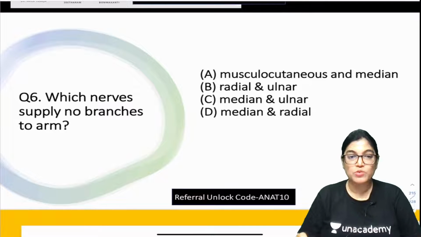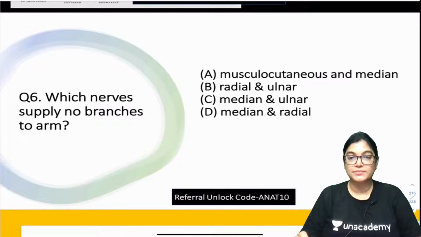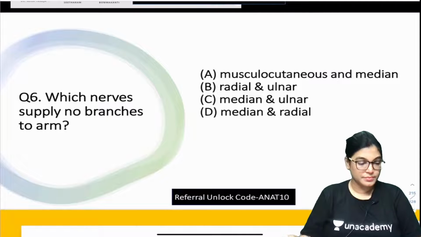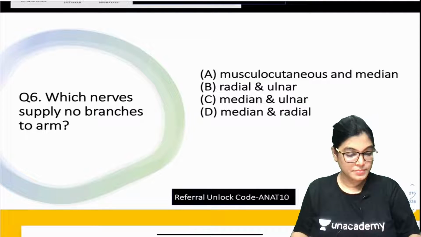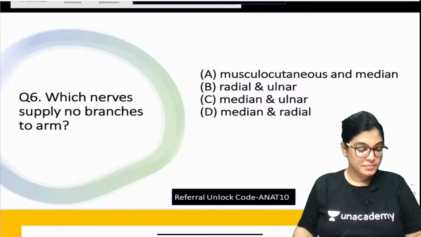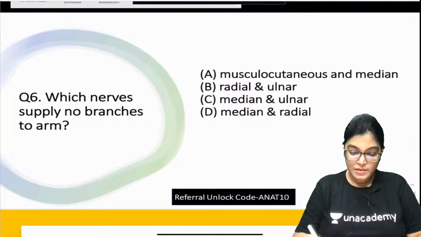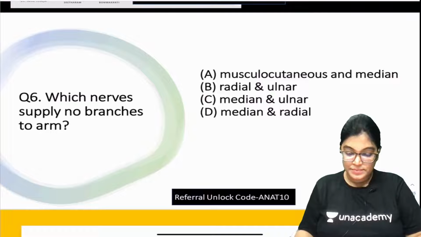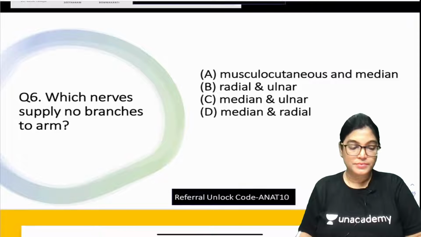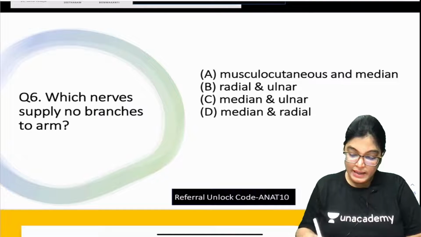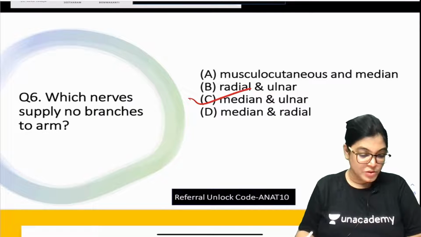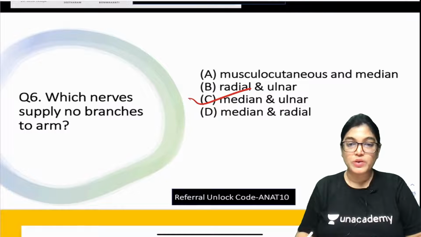Sarans and Shrija both are telling C as the correct answer. Okay, so let me tell you the correct answer. Which nerve supplies no branches to the arm? The correct answer is also C, my dear friend. So yes, absolutely, Sarans and Srija, you are right.